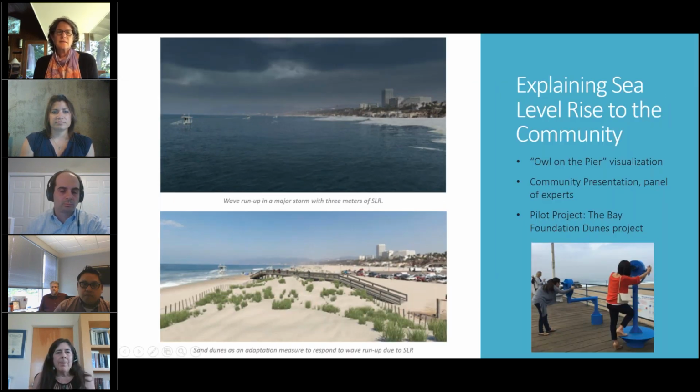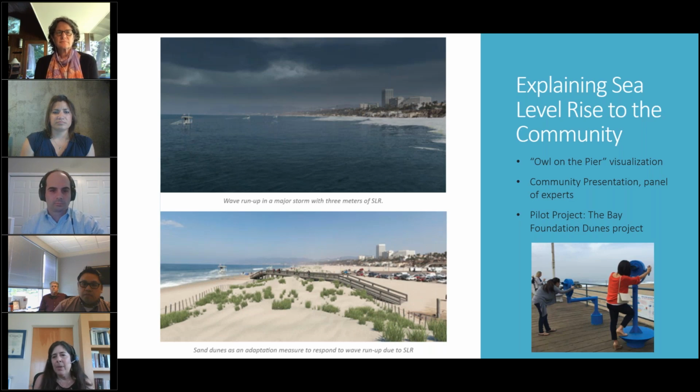Okay, so our most effective tool that we used, and we tried several ways to reach out. We had some panels, and we had some meetings all over the city, but we also used something that was called the owl on the pier, and we actually located these viewfinders, as you can see in the bottom picture here.